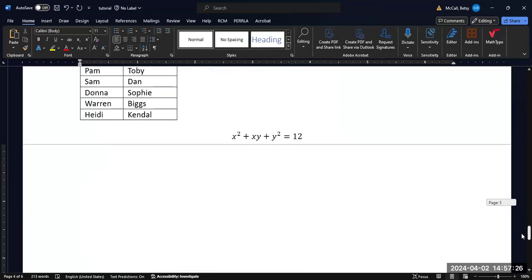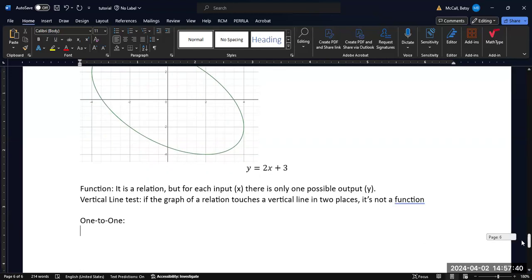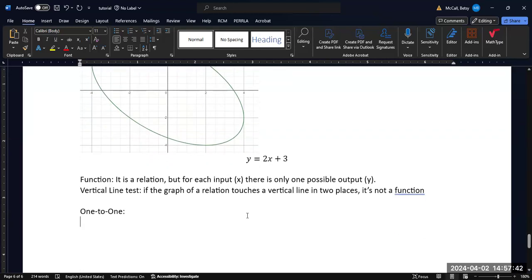Now, there is one other concept that's associated with functions, and that is whether or not the function is one-to-one. This is something that will come up a bit later when we start talking about inverses. But the general idea of a one-to-one function is that each input maps to only one output, and each output comes from only one input.